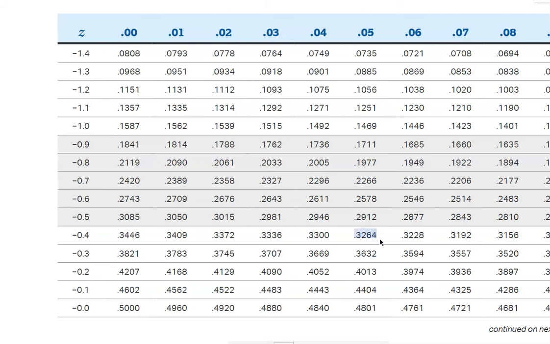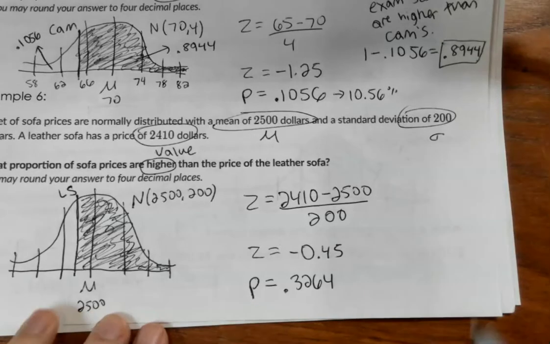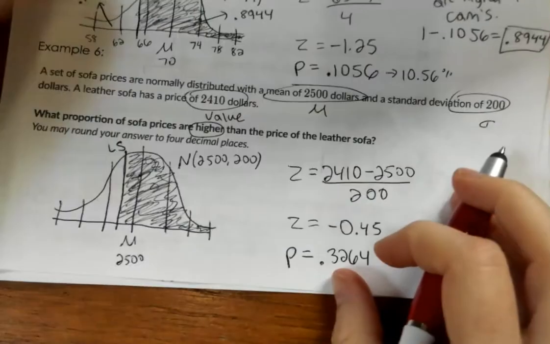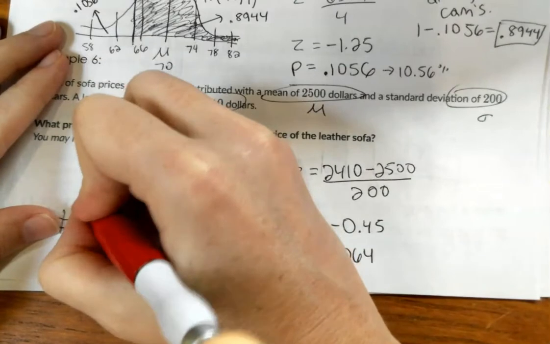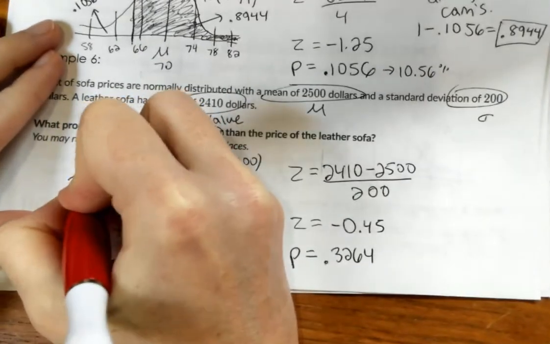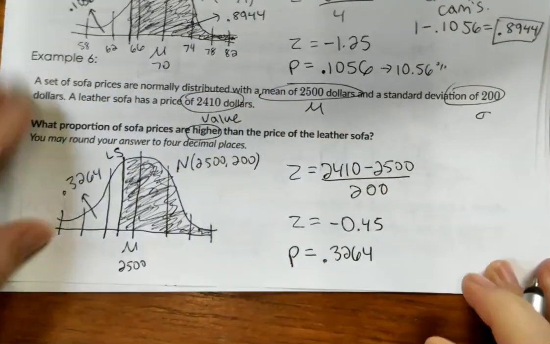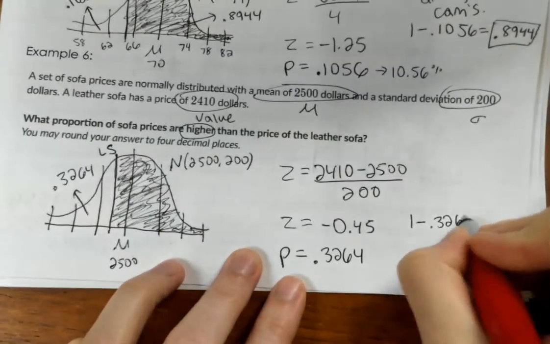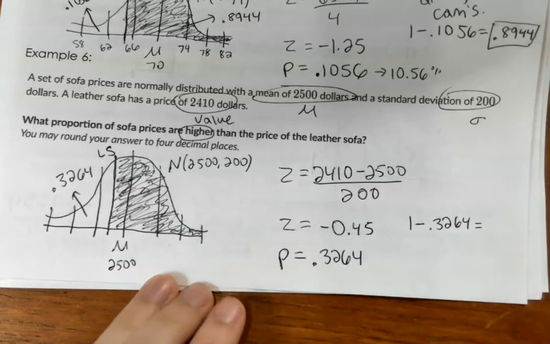There we go. So 0.3264. Alright, looking back at this, remember that Table A gives us everything to the left. So my unshaded part of the curve is 0.3264. So I'm going to do 1 minus 0.3264 to get my shaded part.